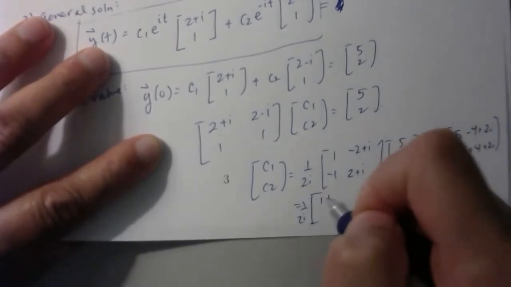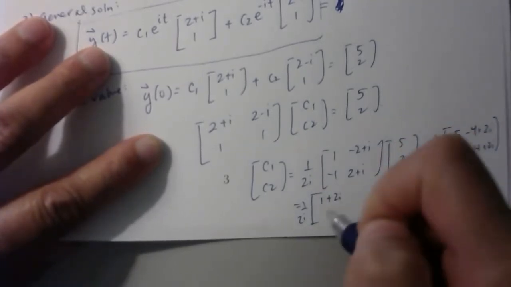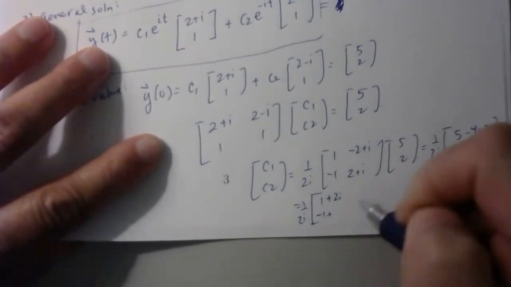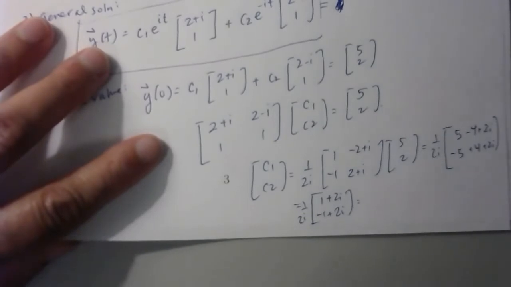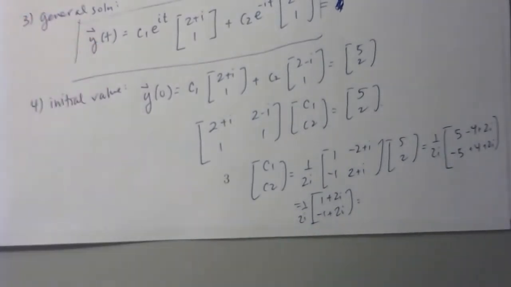And so I get 1 plus 2I, minus 1 plus 2I. That doesn't look real. Hold on just a sec.